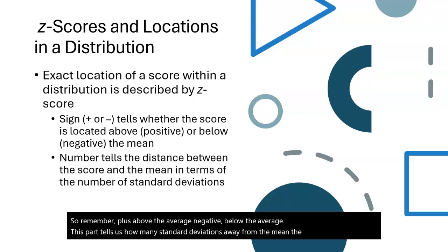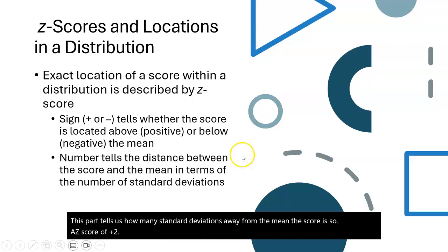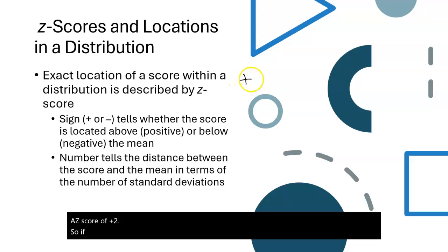So if we have a z-score of +2, that means that the score is 2 standard deviations above the mean.